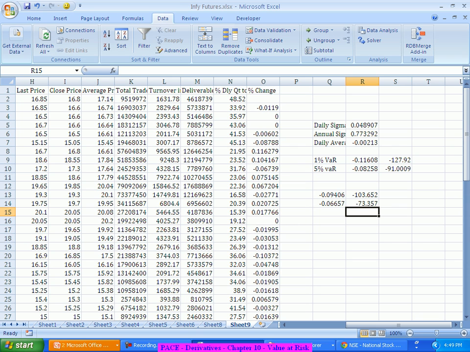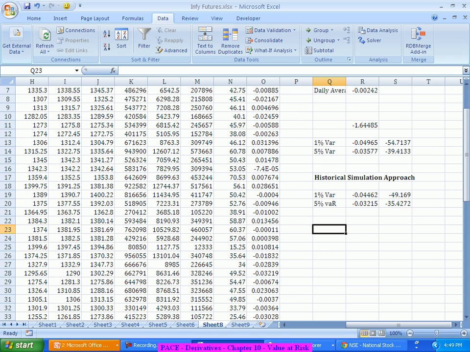Now, the third aspect is the Monte Carlo simulation. This actually goes as simulate. You simulate a scenario based on the concept of random numbers. You simulate the returns.